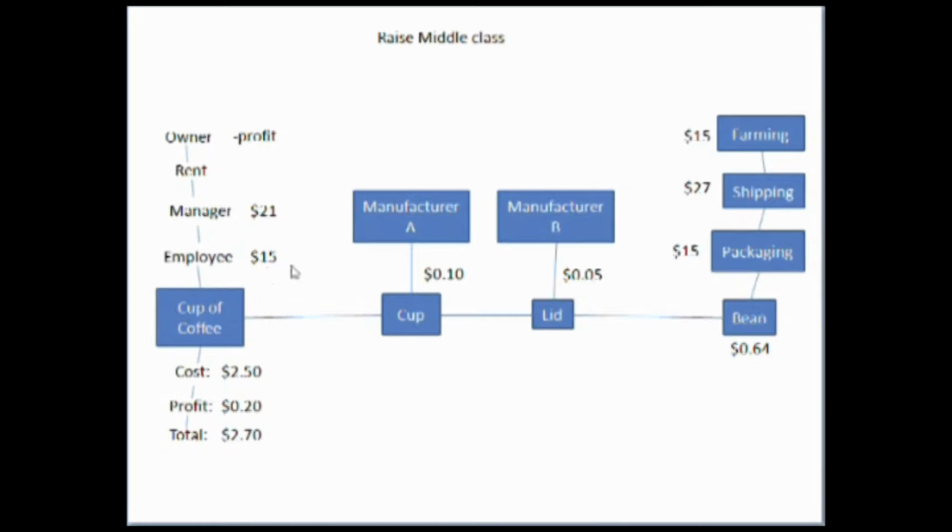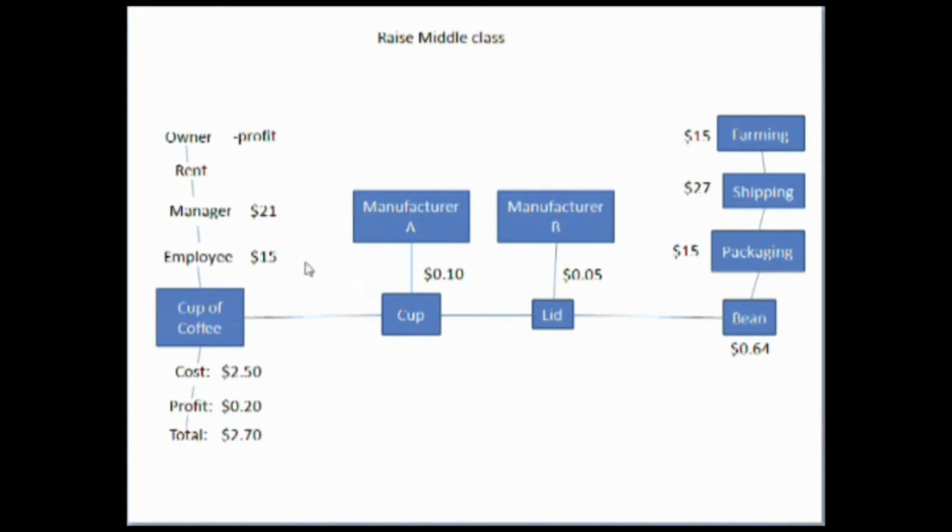And so the manager is now making $21, and the highway truck driver is now making $27. So they're content. It covers the increased cost of the coffee, but they're not making as much as they did before. But now these business owners have to cover the cost of the middle class.